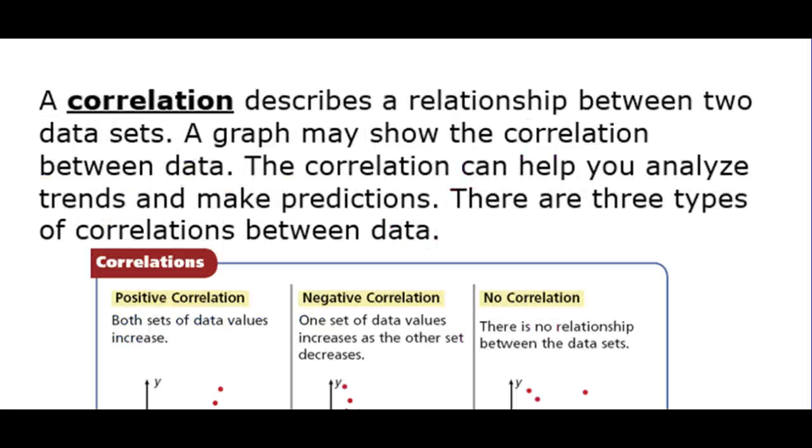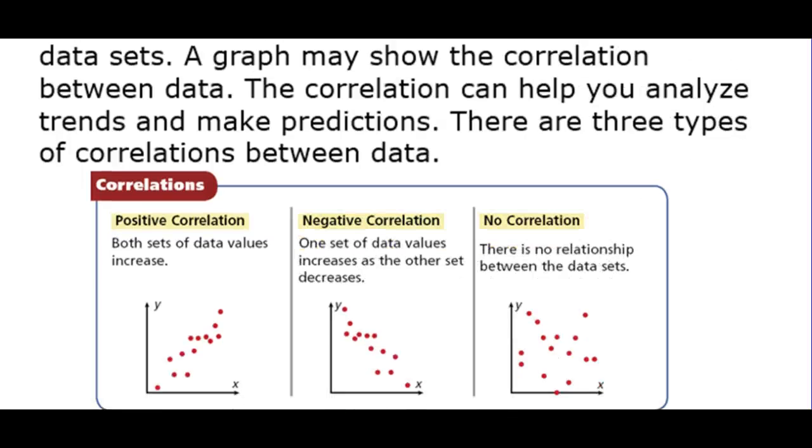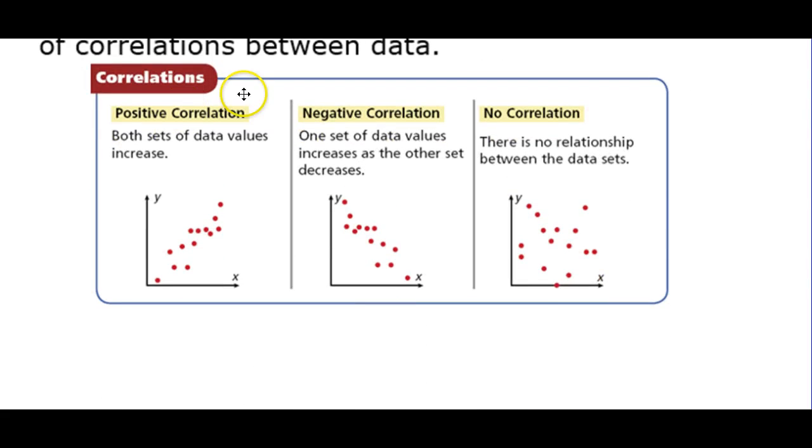When you do scatter plots, a lot of times you're looking for a correlation or some kind of relationship between the two sets of data. You can have 3 different kinds of correlation. You can have a positive correlation, which basically means if I were to draw a line on here, the line would look like it was going up.